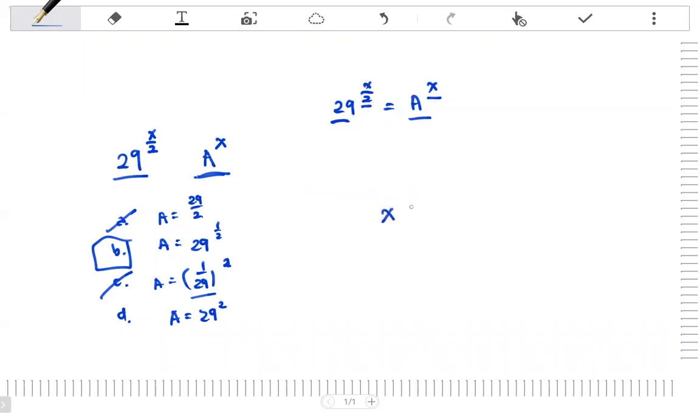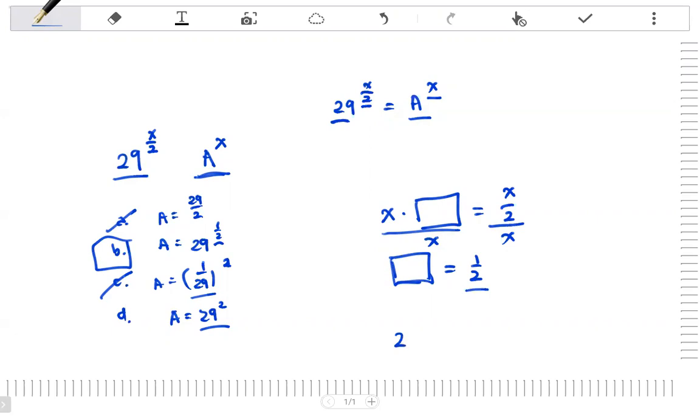So x multiplied by something has to be x over 2, since we're multiplying the exponents once we put in our answer choices. So how can we solve for that? Well, we just divide by x on both sides again. And if we do that, x over 2 over x is going to equal half. So our exponent should be half. Our base we figured out was 29, and our exponent should be half, which leaves B as our choice. So B is correct.